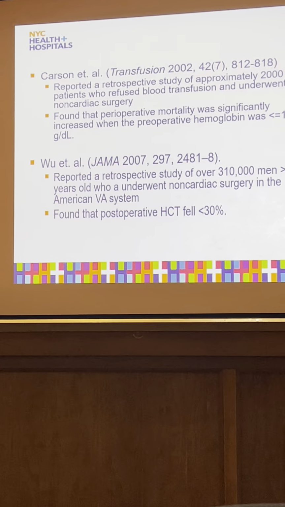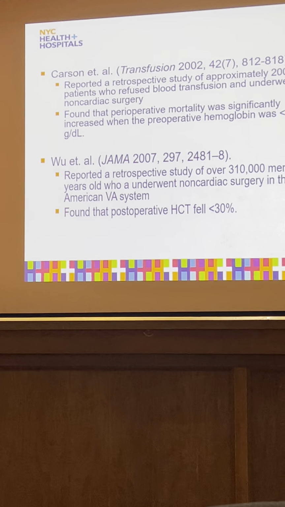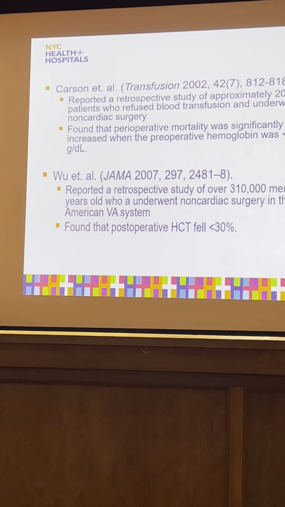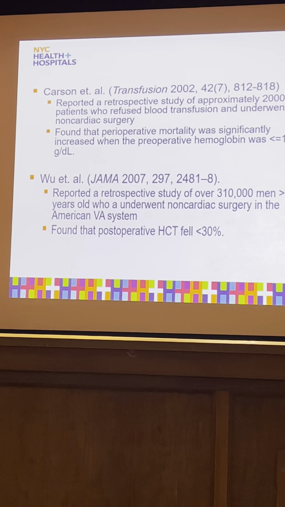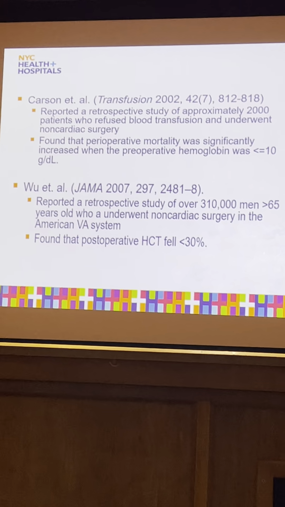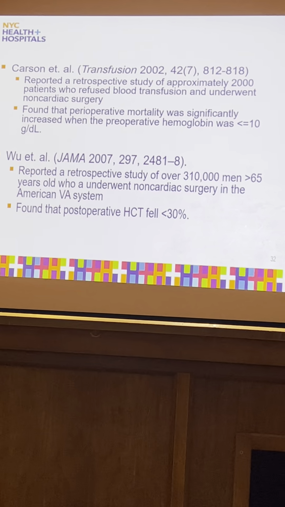And then another study a few years after that by Wood and his crew in JAMA. There was another retrospective study in VA patients, about 30,000 of them over 65 years of age, and it showed that the postoperative hemoglobin after surgery fell 30%.